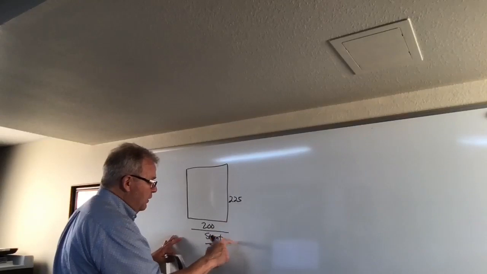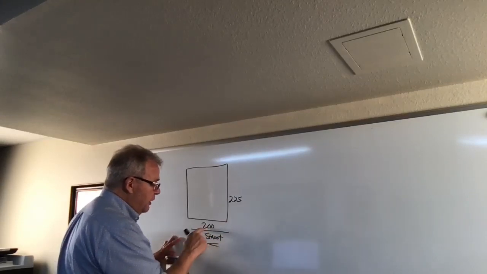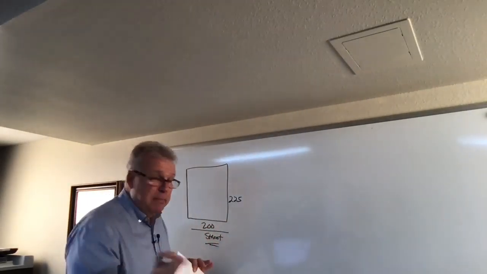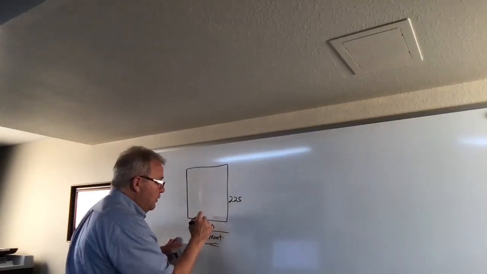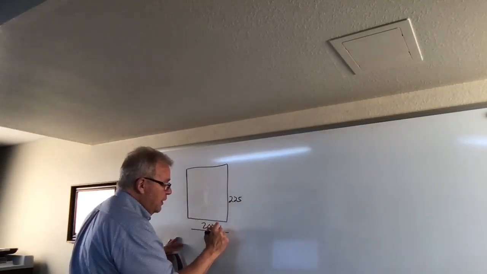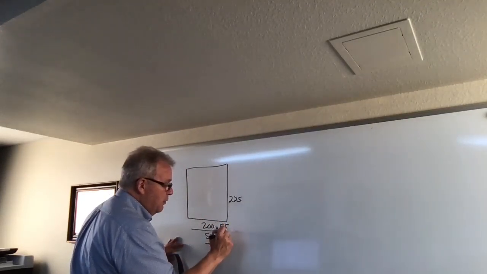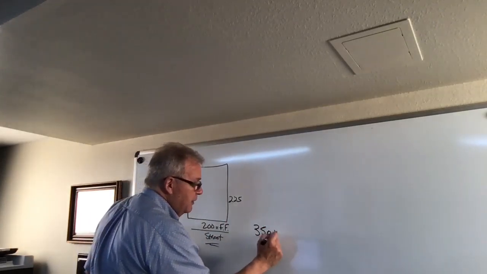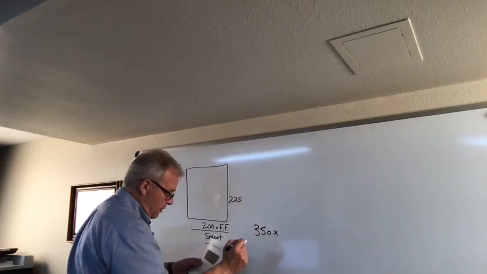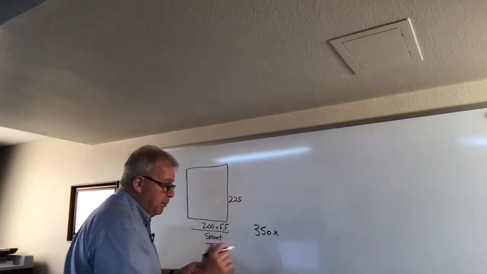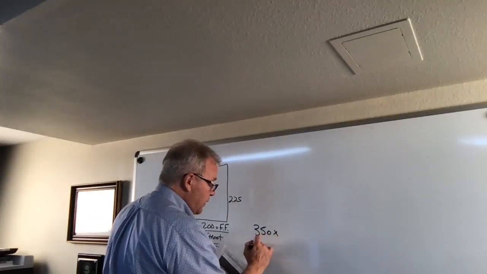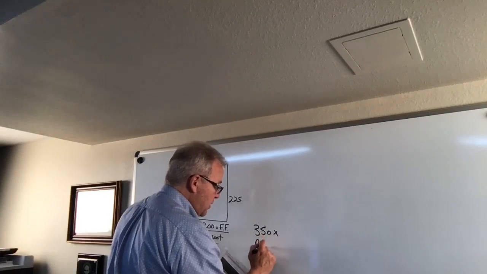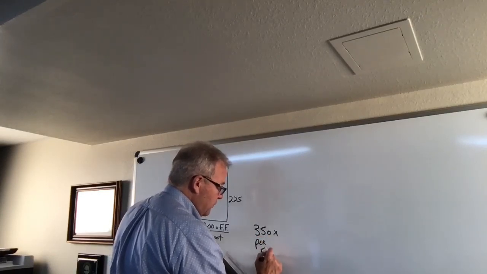So what is the front foot? It's the street, it's the first number. So this is our front foot. I'm going to abbreviate that FF. So she listed for $350 per front foot, okay? So that's what she listed it for.